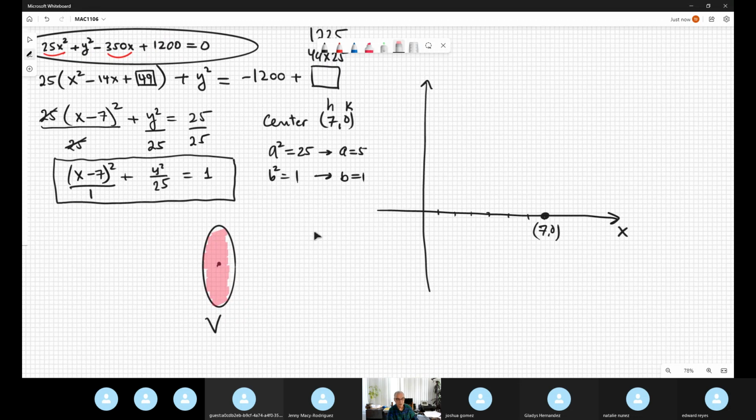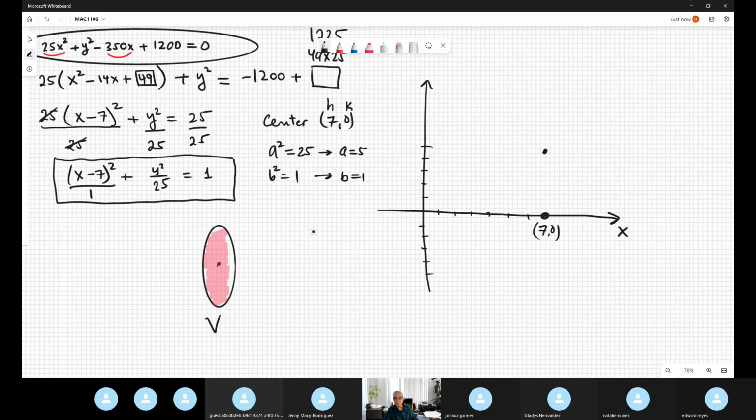Because the major axis, that is 5, is located as or is associated with the y. But you see that 25 is a big number, is associated with the y. And it's a squared. So a is 5, you know, 1, 2, 3, 4, 5. Here, that point. 1, 2, 3, 4, 5.